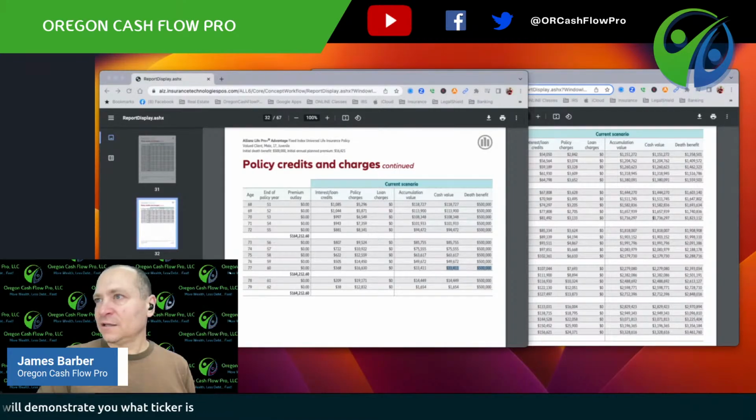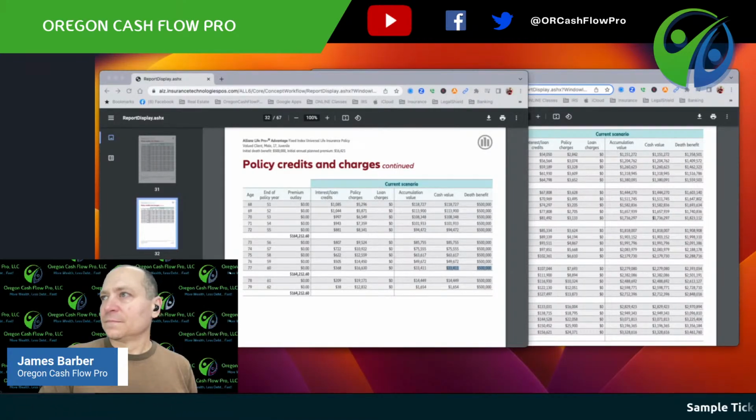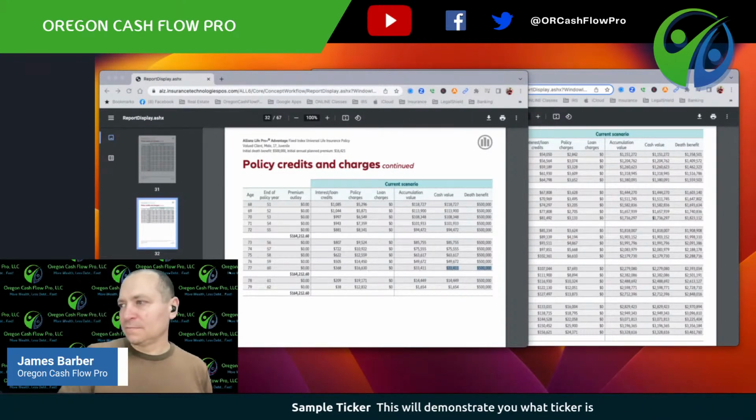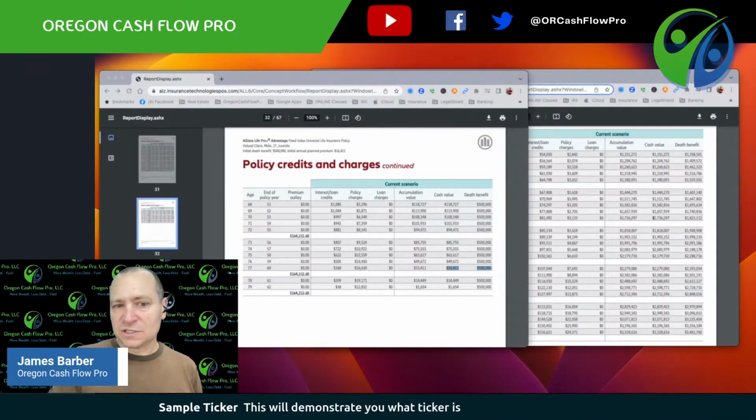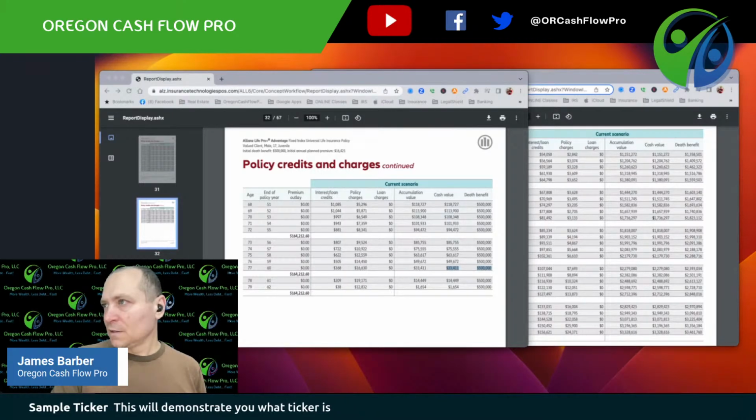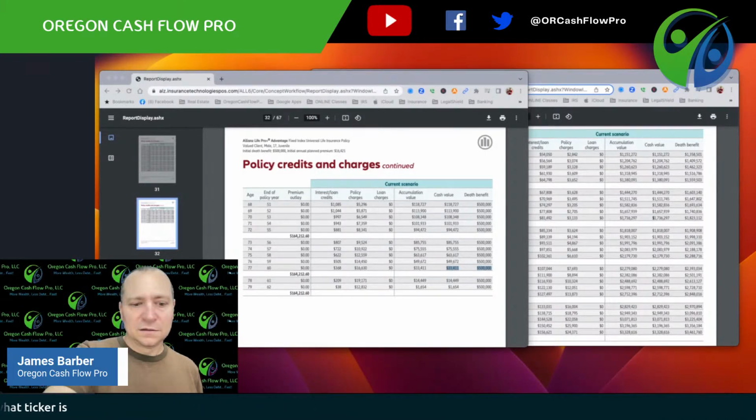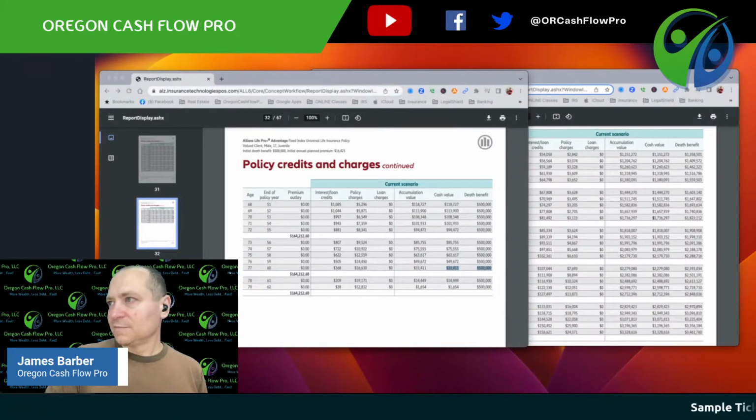I'm going to illustrate it starting in year 11. So we're going to make that reduction in year 11 as soon as you stop funding it. That's the soonest we can reduce the MEC limit. So let's make this 10. Make this 11.